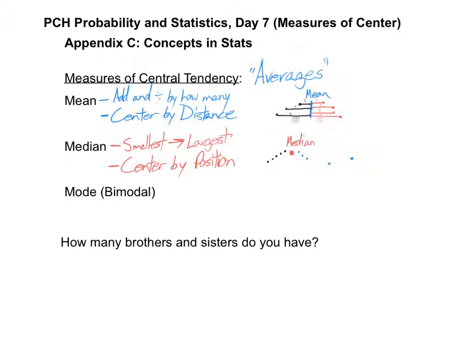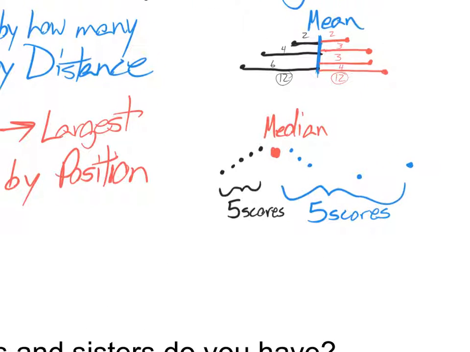And that's still going to be the median, because I have 5 scores on the right side, and I also have 5 scores on the left side. So again, we're talking about a median, which is the center by position as they're placed in order.